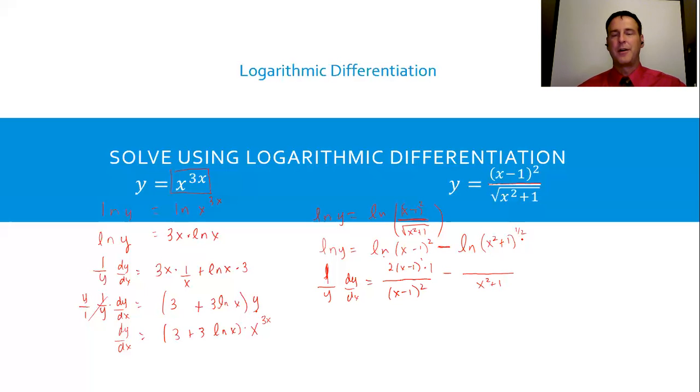However, I also have to take the derivative of this. So this part, I forgot the half, I'm sorry. I'll take the derivative of it, which is 1/2 times x squared plus 1 to the negative 1/2, and then chain rule, derivative of the inside is 2x. So careful on that. Everything behind the natural log will go in your denominator, and then you have to take the derivative of that piece. That's kind of a lot of work.